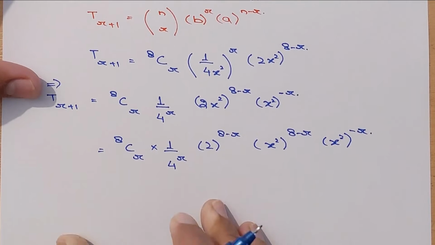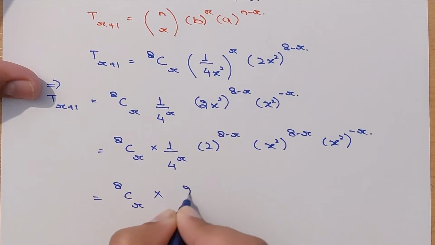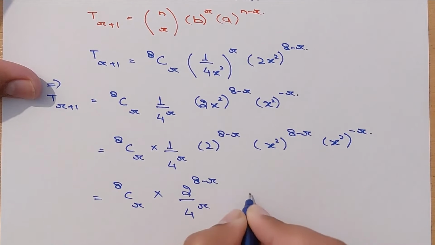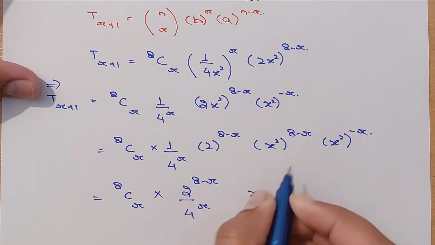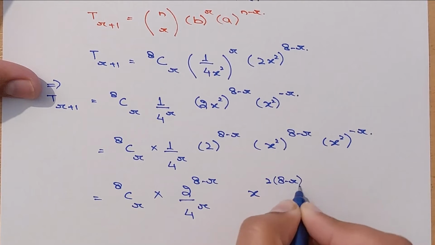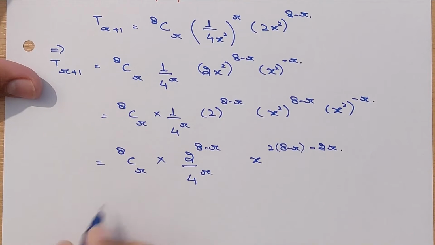When bases are the same we can add the powers. So 8Cr times 2 power 8 minus r divided by 4 power r, and for x, the bases are the same, so we add the powers: 2 times 8 minus r minus 2 times r. One more step.